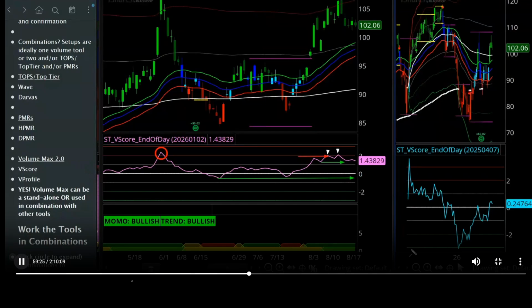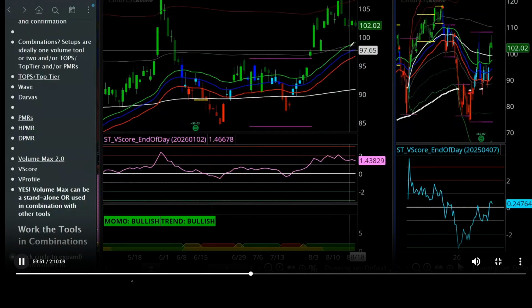If not, I've got 2 hits down just below the mean. Now, what happens if you have 2 levels like that? Well, if price doesn't stop at this level of support, I know where it could go, that next level. But here's why you want something and the V-score. If I get down to this level, what's going on up here? What do I have? Nothing. There's no Darvis. There's no wave, right?